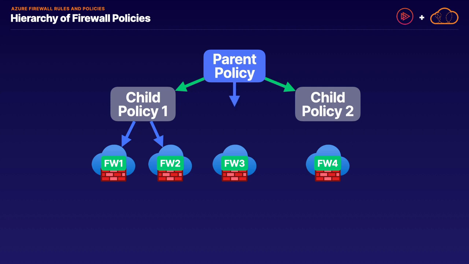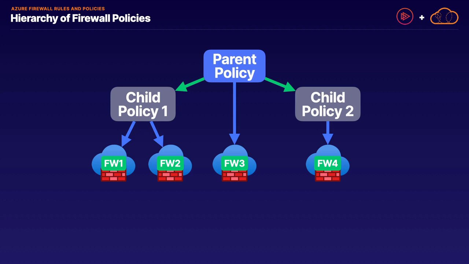And then maybe firewall 3 just needs the parent policy rules, and then firewall 4 maybe needs the rules that are inherited by child policy 2 from the parent policy, plus the rules that exist on child policy 2. Now, the same thing goes for the order of operations, right? We evaluate the parent policy first and then onto the child policy.